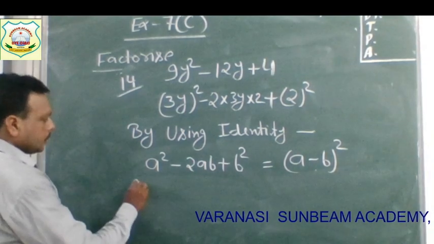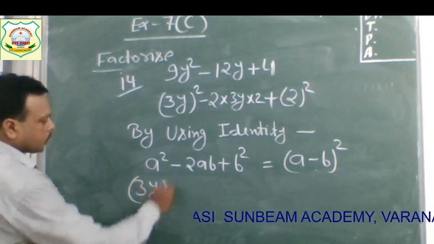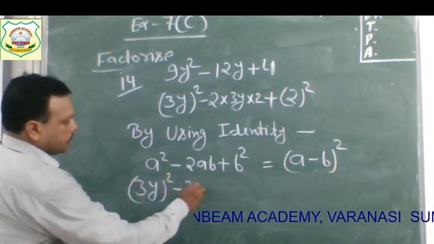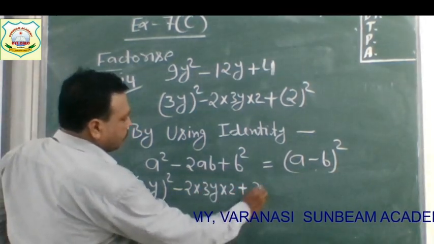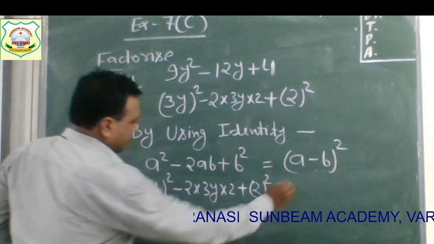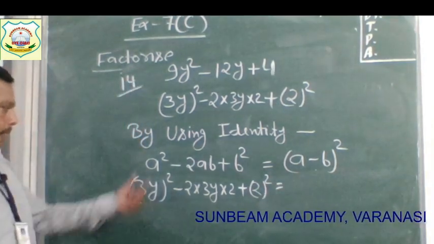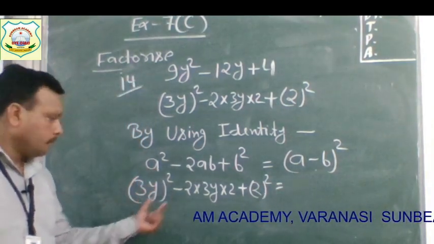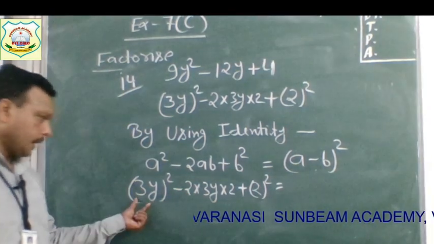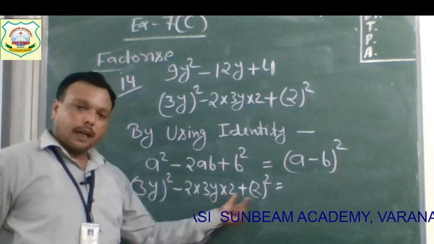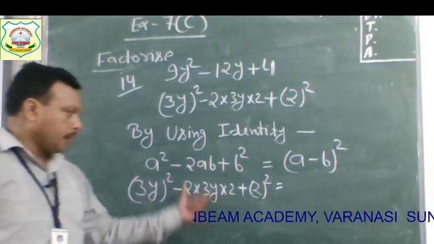Then here 3y whole square minus 2 into 3y multiplied by 2 plus 2 whole square. Everyone see, a square, that is 3y whole square, minus 2 multiplied by a, that is 3y, b is 2, and 2 whole square. So we have got the same format here.